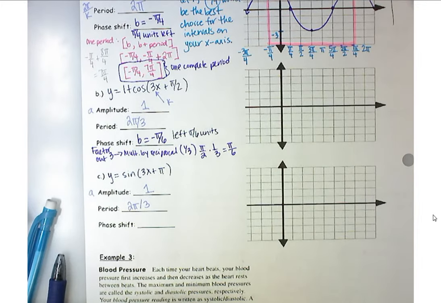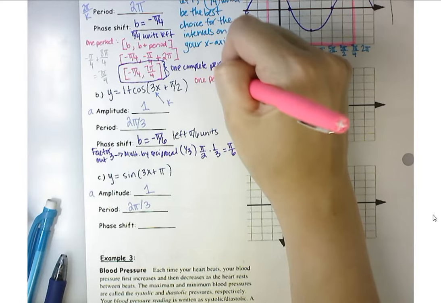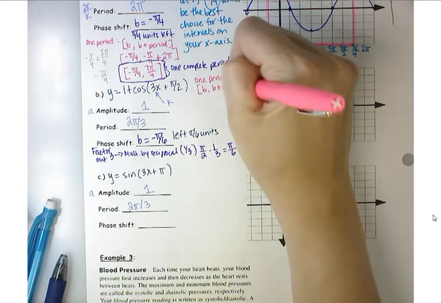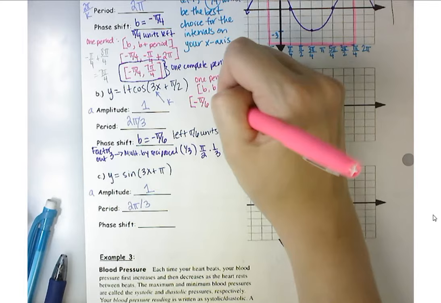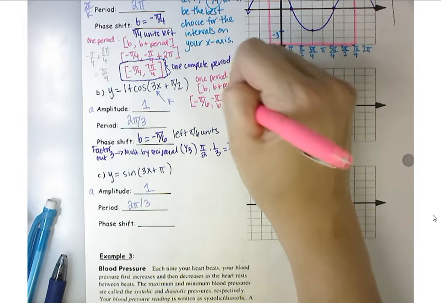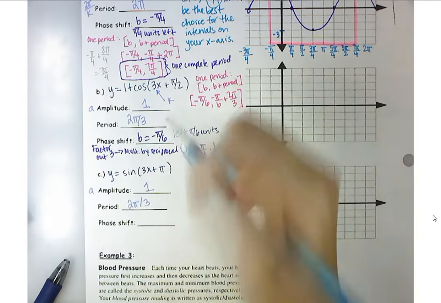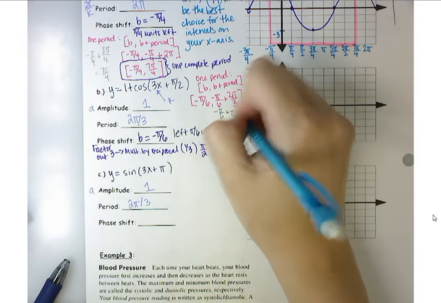Okay, and then again we're going to do one complete period. Okay, so one period goes from B to B plus your period. So your B value is negative pi over 6, and this will be negative pi over 6 plus 2 pi over 3. So to add those together, I need what? Common denominator, which is what? 6. So negative pi over 6 plus, to get to 6, I multiply by 2.